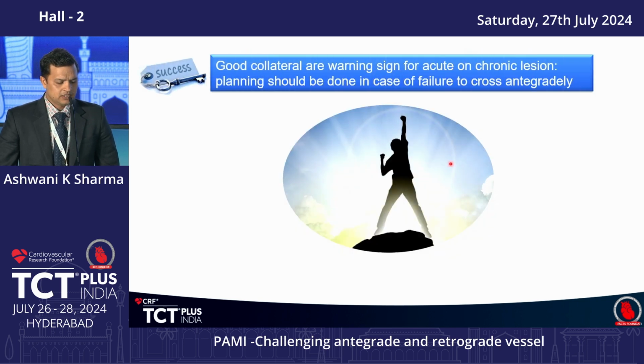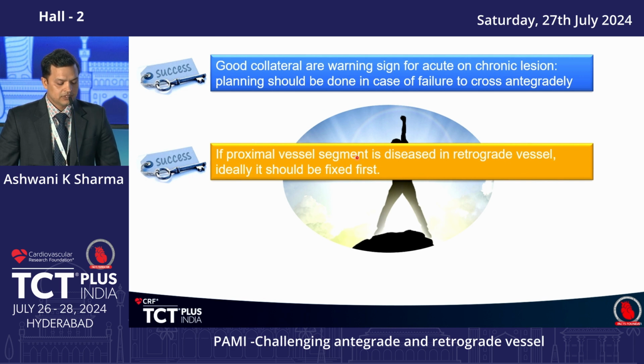The case has many take-home findings, but I would like to say that good collaterals are a warning sign for an acute-on-chronic lesion, as in this case in the RCA, and good planning with plan A, B and C is mandatory. If the proximal donor vessel has a diseased segment, then usually we go for revascularization of this segment before going retrograde.